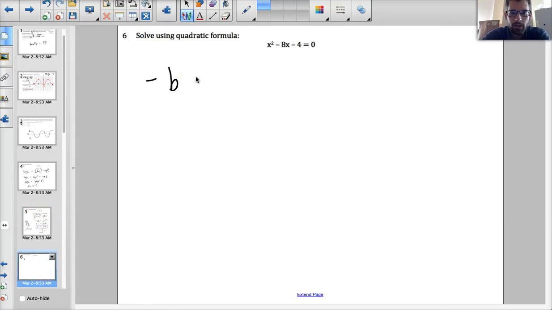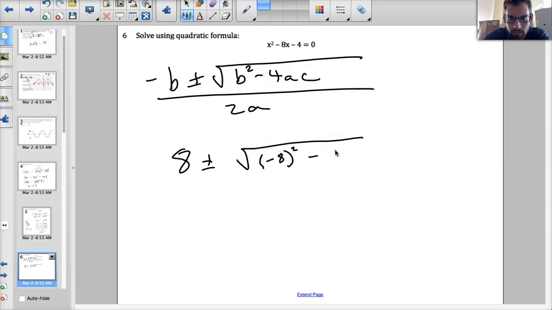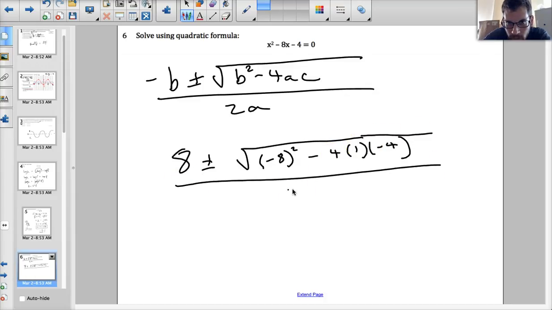Quadratic formula, opposite of b, plus or minus square root b squared minus 4ac over 2a. All right, here it is. So opposite of b is 8 plus or minus the square root of b squared, all over 2 times 1.